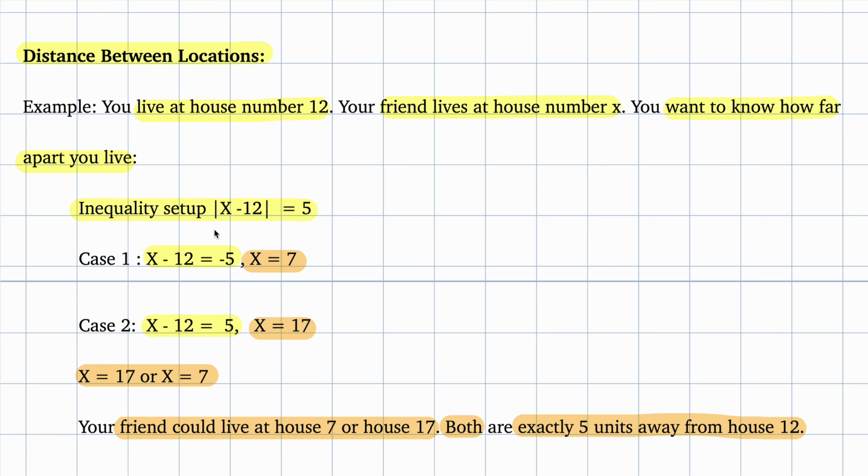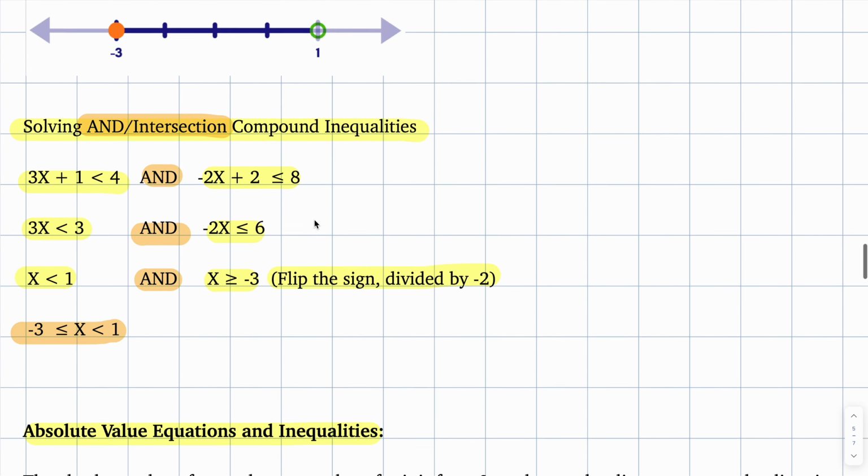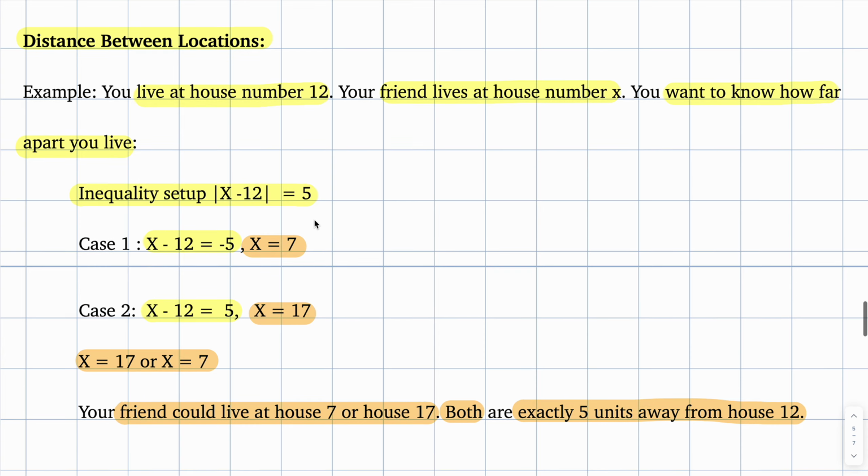Then the inequality setup would be the absolute value of x minus 12 is equal to 5, because we only know the distance, and 5 houses before or 5 houses after would still be the same distance if 12 was considered as the origin on the number line, if we were thinking about it like that.